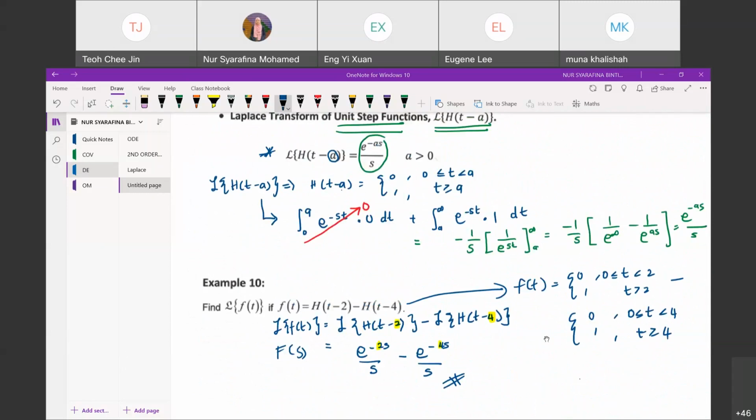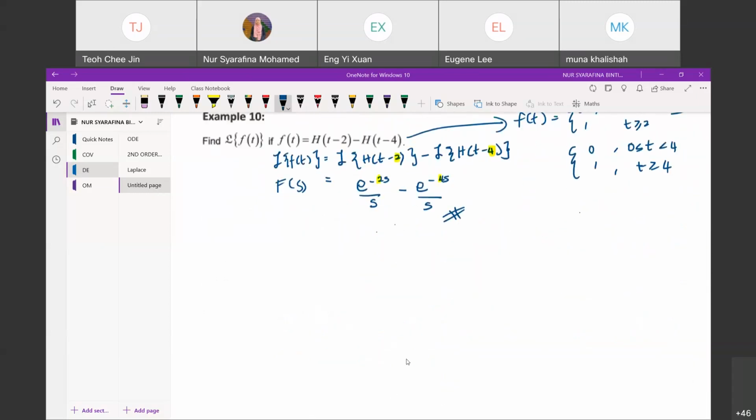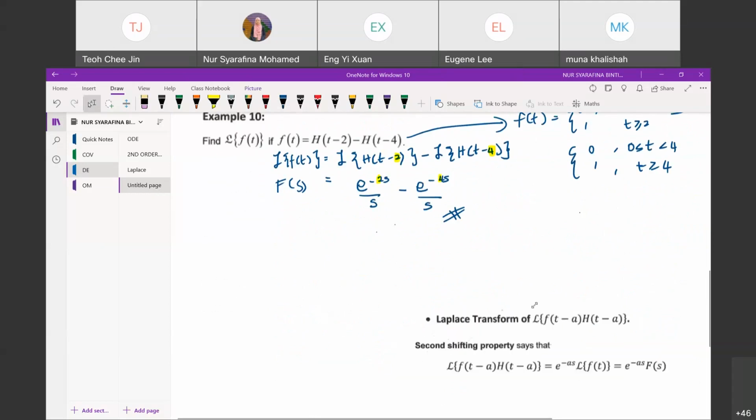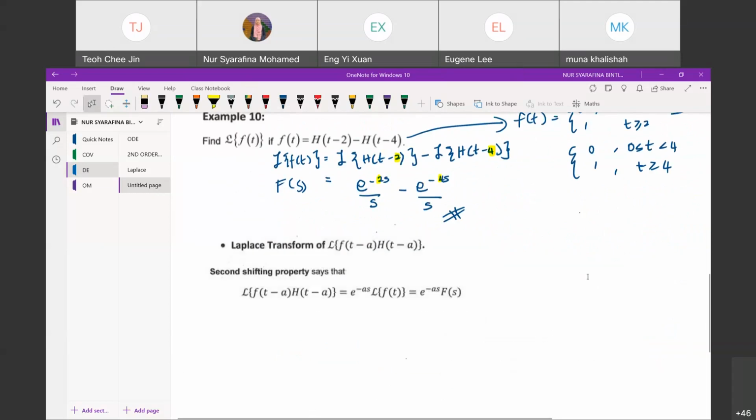Right, so now let's proceed with this one. Okay, now let's do this property.